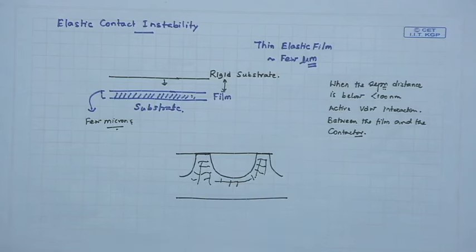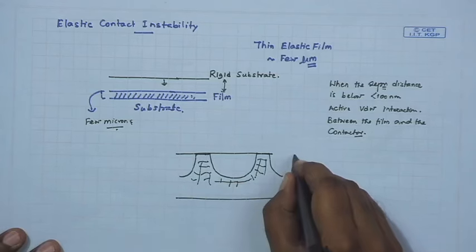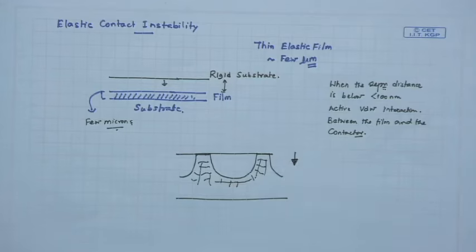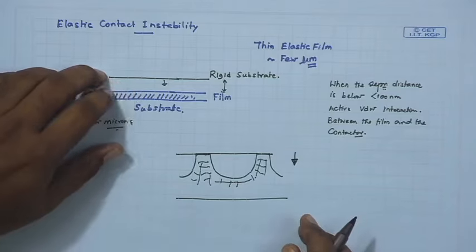Now, of course, even after achieving this configuration, if your contactor continues to come in close proximity, the strength of the interaction between the contactor and the film increases, and therefore you see more fraction of the film coming in contact with the contactor.